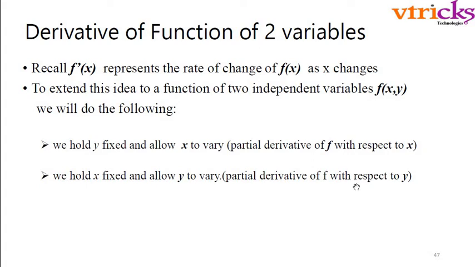So we are now keeping x fixed, and whenever we change y, we look at how f changes. This is similar to our concept of a function of a single variable because we are not seeing the effect of the second variable. So when we fix y, we are seeing the effect of only x, so we call it the change with respect to x. When we fix x, we are looking at the change with respect to y, so we call it the partial derivative of f with respect to y.